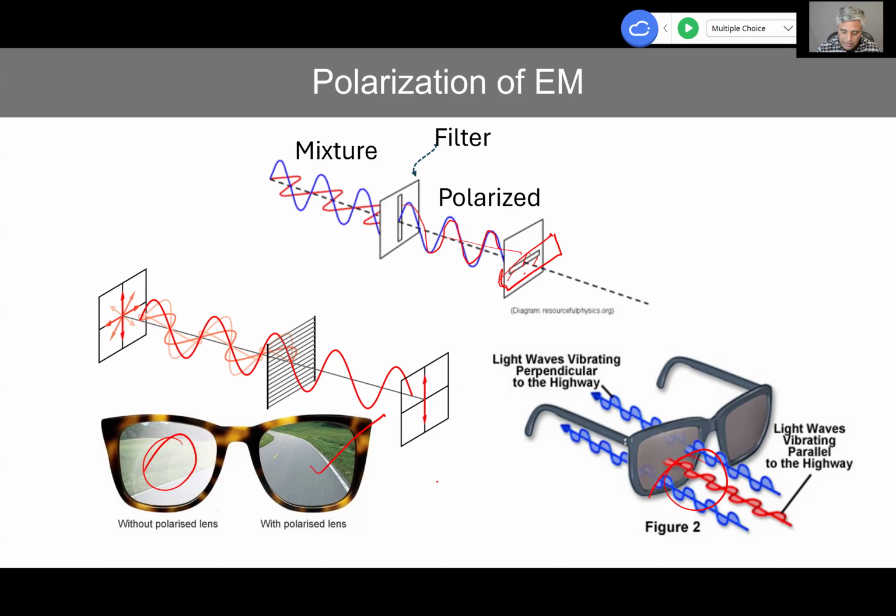Now if you want to know whether a glass is polarized or not, if you have two of them, you can stack one on top of another and then rotate one of them. If it completely blocks like this, that means they are polarized glasses, polarizers.